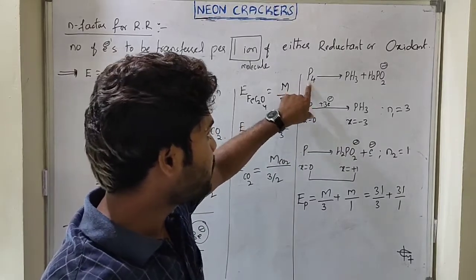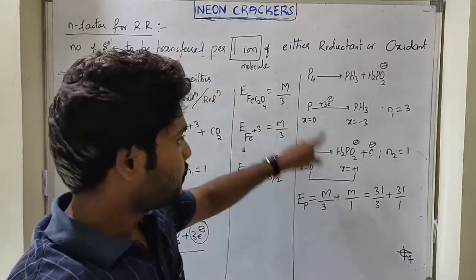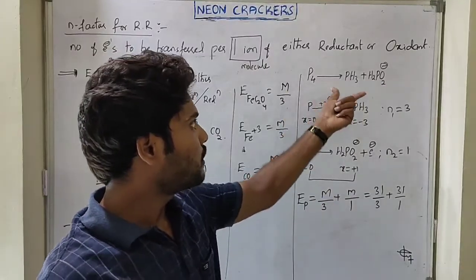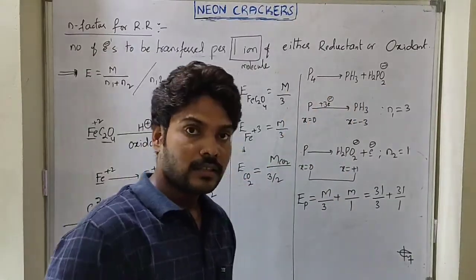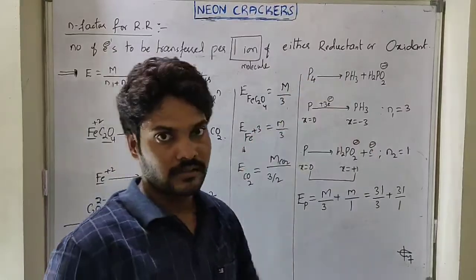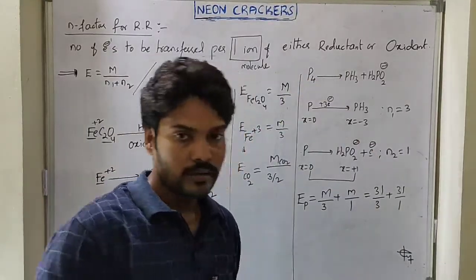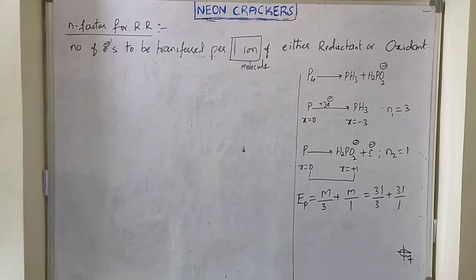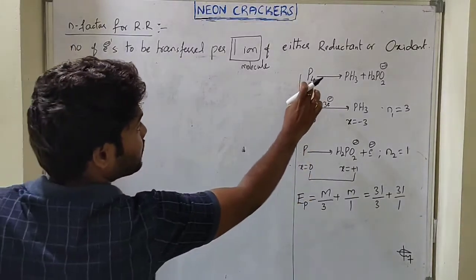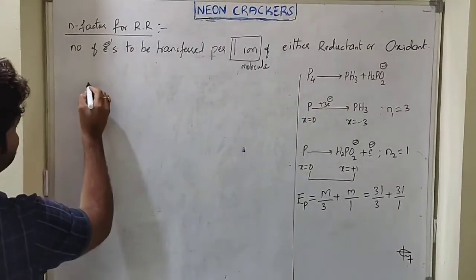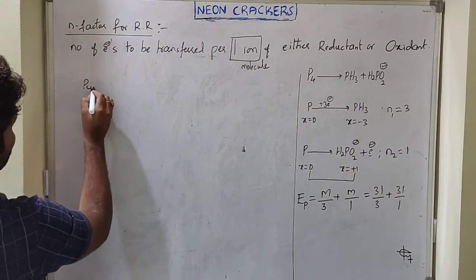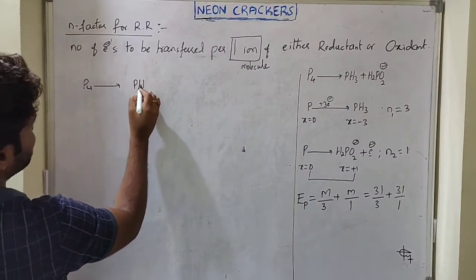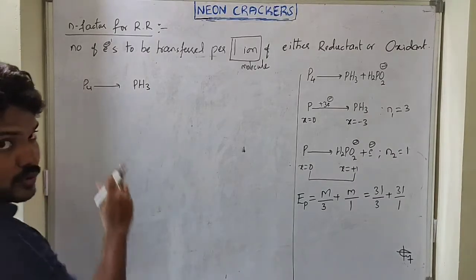If you take P4 also, you can get the same answer, no problem at all if you balance, because this is overall a balanced equation, right? So let's see with the P4 balanced equation. From this equation, P4 to PH3, how many phosphorus atoms? 4 phosphorus.